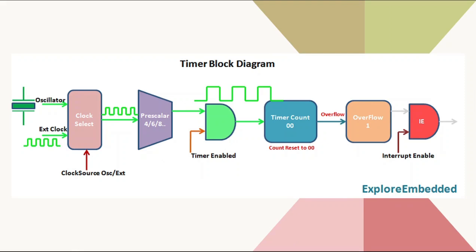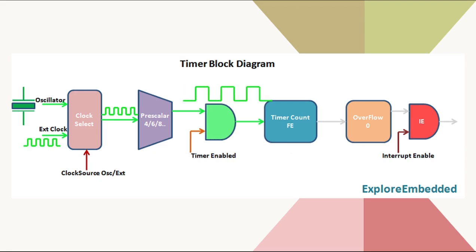Now I am going to explain the working of the timer through this block diagram. Every microcontroller has an oscillator which generates clock pulses, and these clock pulses go to the pre-scaler, where the speed of the clock pulse is reduced according to actual seconds, so that it counts actual seconds.